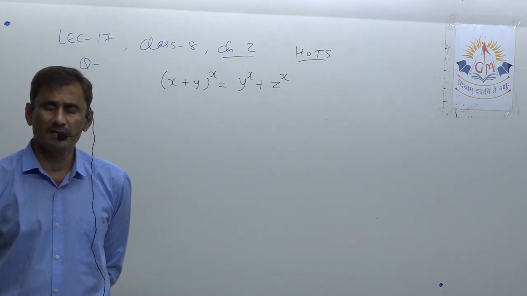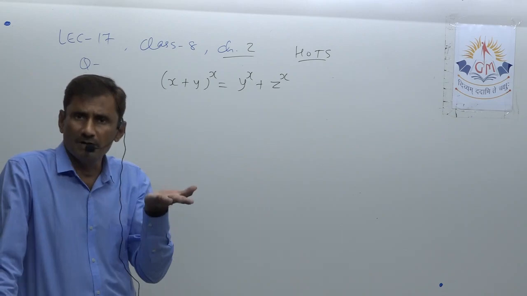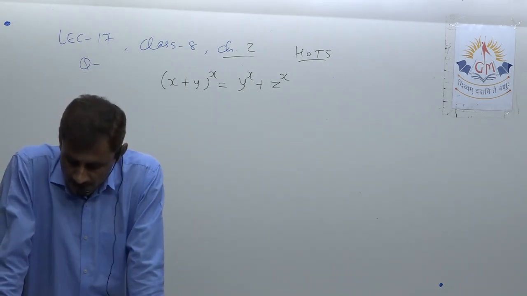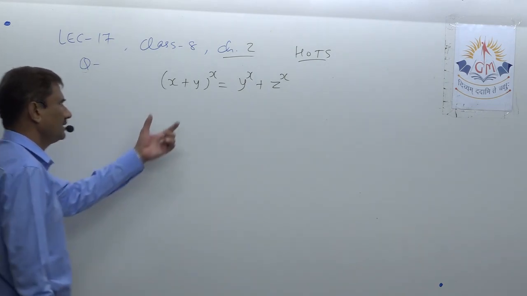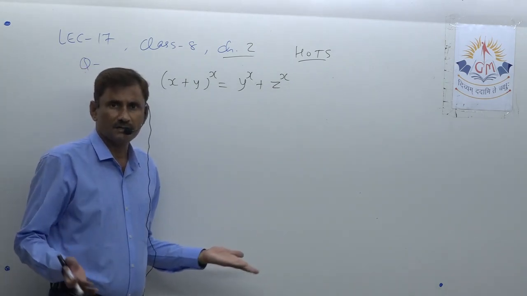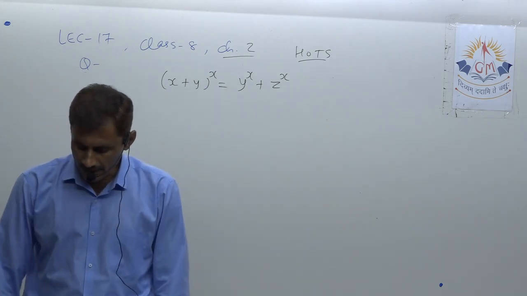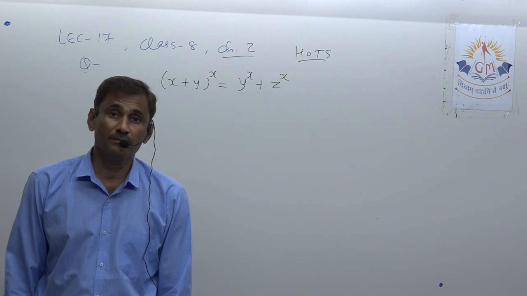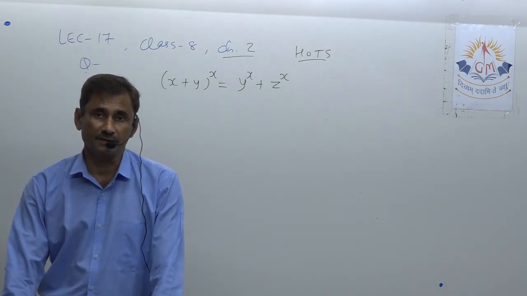Small like 0, 1, 2, 3, but x, y, z have different values because they are distinct, means different variables. Nothing is given regarding whether x, y, z are consecutive numbers, positive or negative, fractions or integers.